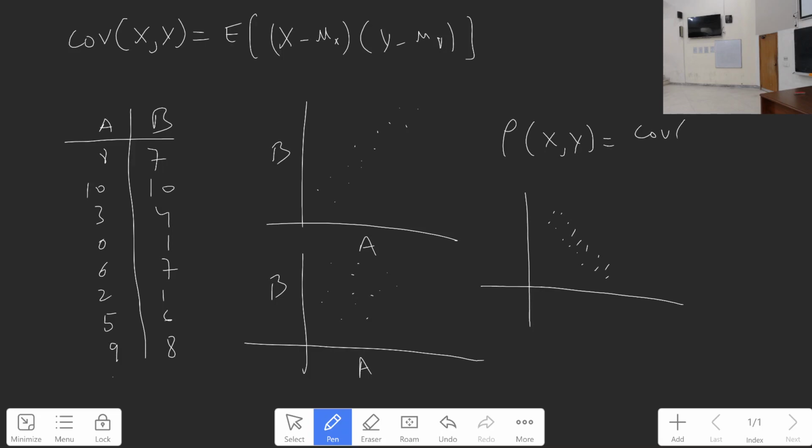It says, okay, we take covariance of x, y and divide it by the square root of variance of x times variance of y. Now the good thing about this is that mathematically you can prove that this parameter will always be between -1 and 1. Okay, I'm not going to prove it now, but this parameter we call correlation. This is covariance and its normalized version.